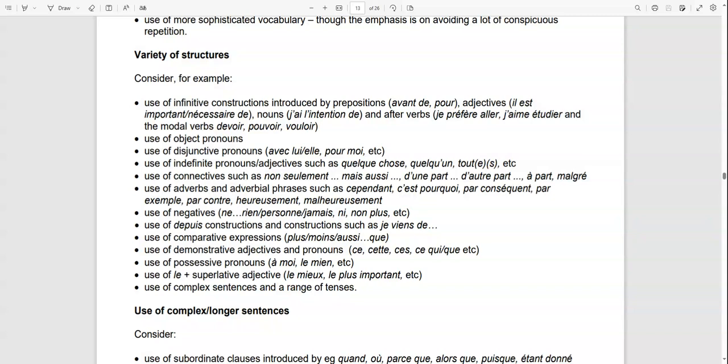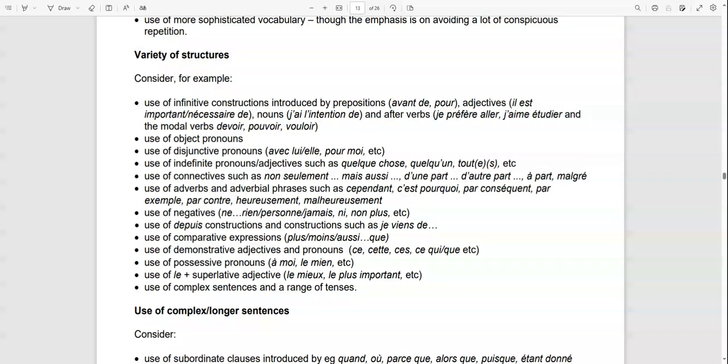So demonstrative adjectives and pronouns, we're talking about things like ce, this, or that, cet, the feminine version of ce, which is masculine, ces, again, these or those, so it's the plural term, ce qui, which, or ce que, another way of saying which.